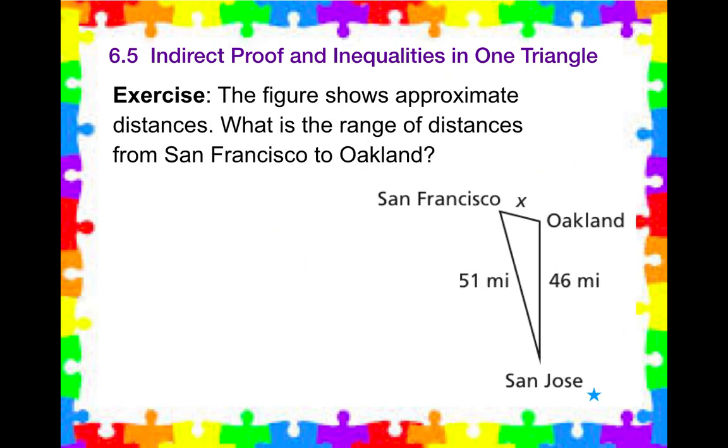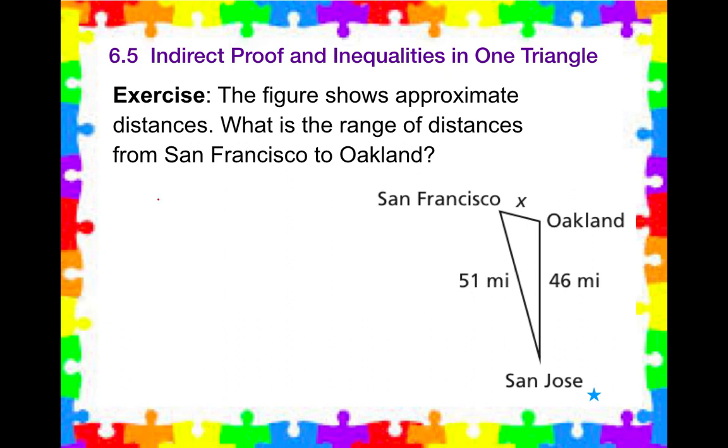Let's look at a problem here where we're going to pretend that we don't know where San Francisco and Oakland are. We just are given this information. It's kind of silly, but we're going to say that San Jose is 51 miles from San Francisco, which it is, and it's 46 miles from Oakland, but we don't know the distance between these 2 cities. So let's figure out what are the possible ranges.